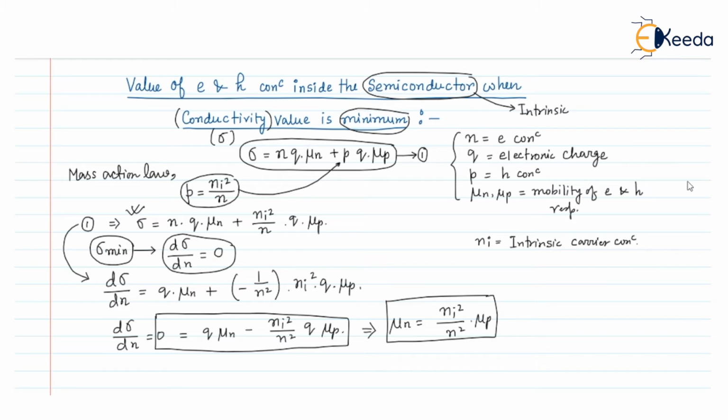But we need to find the electron concentration, that is n. So from this equation, n will be equal to ni root over mu p divided by mu n. So in this way we can calculate the electron concentration when the conductivity is minimum.